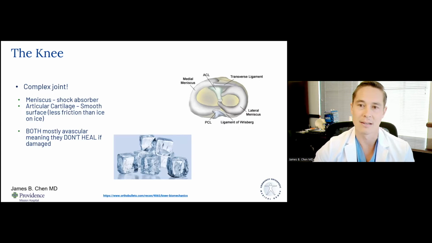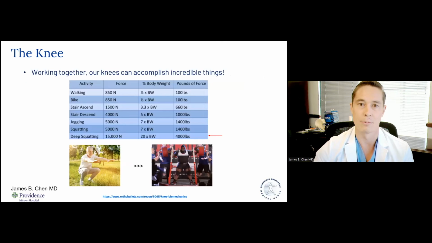The meniscus is a shock absorber in between the two bones, the femur and the tibia, that absorbs the pressure as we walk and helps distribute those forces, because our knee sees a lot of forces. This table demonstrates how many newtons, a measurement of force, our knee encounters during certain activities. I'll bring your attention to the deep squatting position.